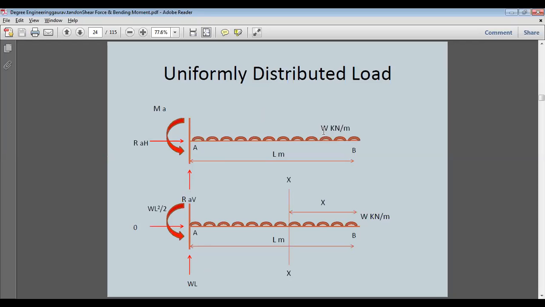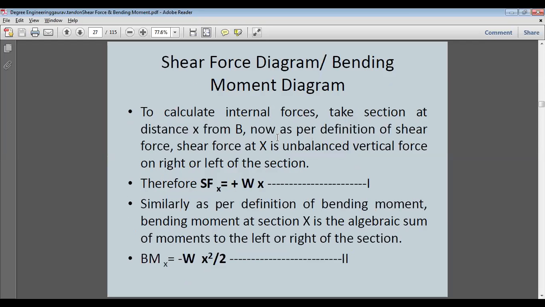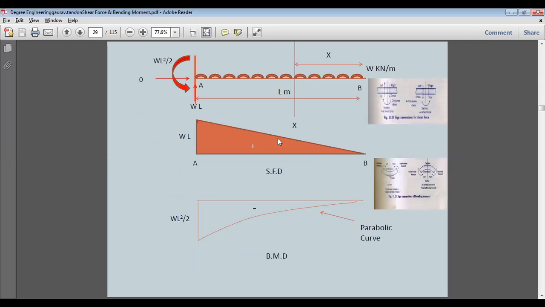This is given as load or force per unit length. So this is W kilonewton per meter, and the total load will be W into L, acting exactly at the center point of the beam. So we have to replace this UDL with a point load while we calculate the shear force and bending moment diagram. So we can see this is the reaction, this is the shear force.